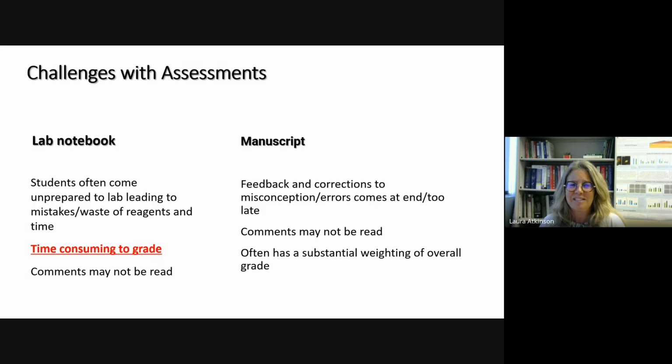In reality, the most significant challenge for me was how time consuming it was to grade a lab notebook. Students often, if they're not given very, very clear guided instructions of how to structure their lab notebook, which is kind of opposite to what we want from a lab notebook, everyone has different stuff in their lab notebook. It's not consistent.